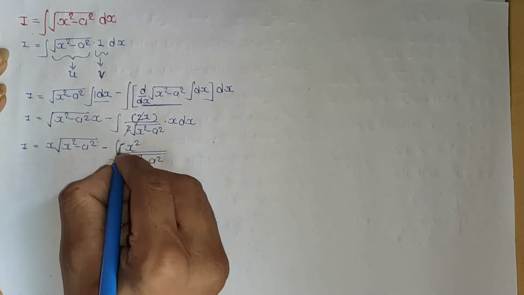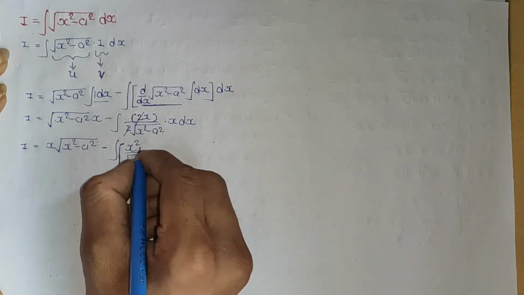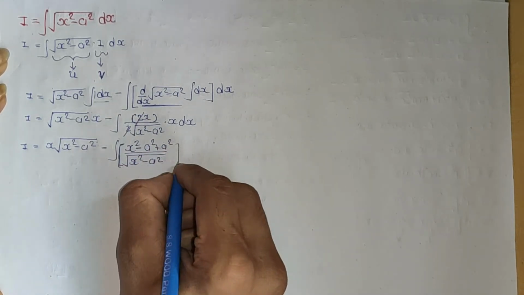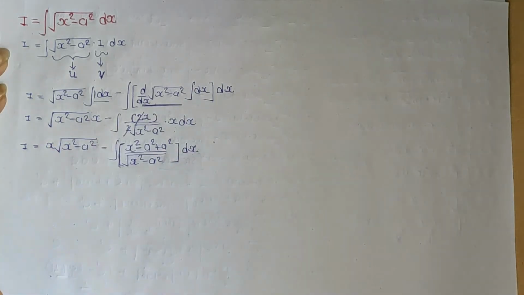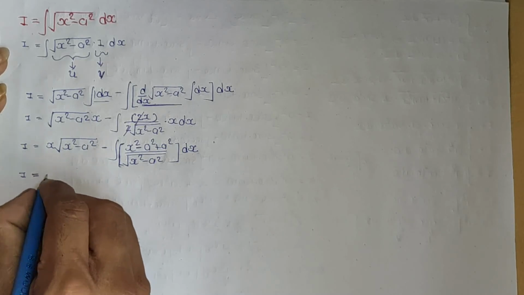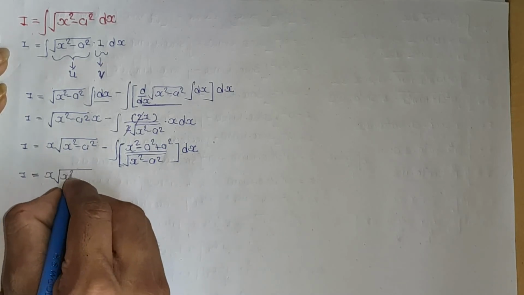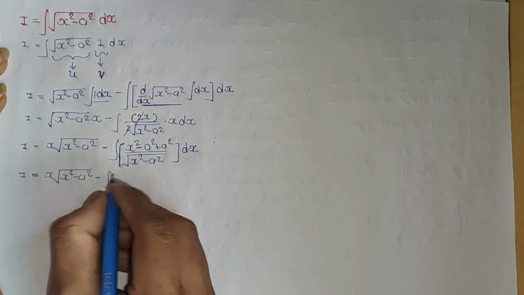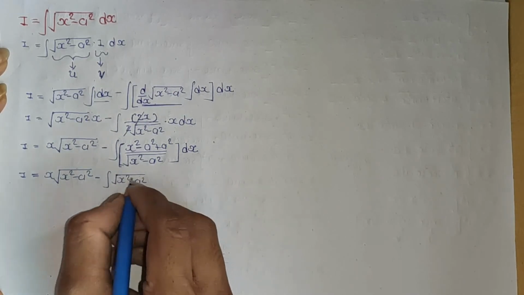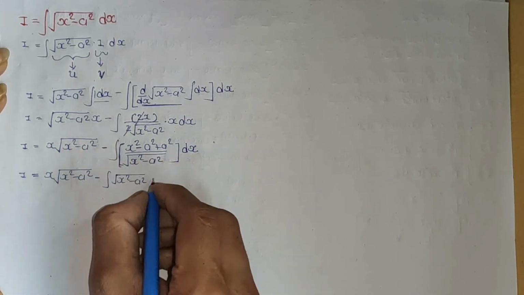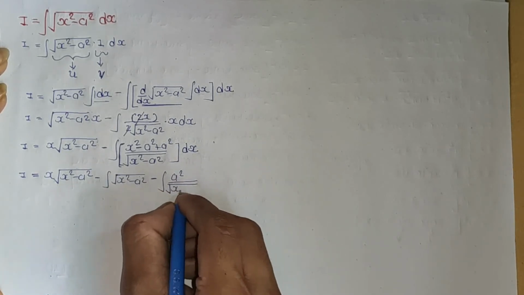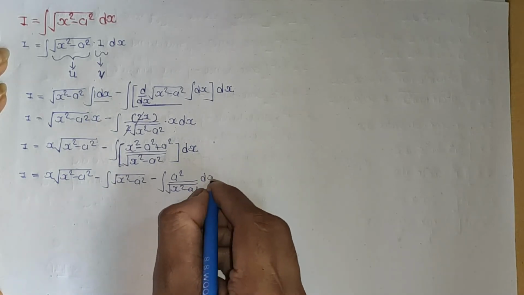Here I will use minus a square plus a square in the bracket over here dx. Now I equals x square root of x square minus a square minus integration of x square minus a square by square root of x square minus a square, minus plus integration a square by square root of x square minus a square dx.